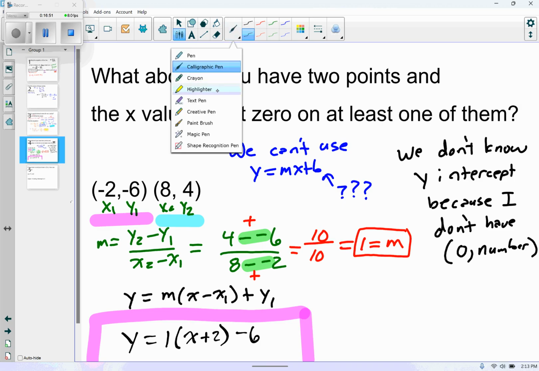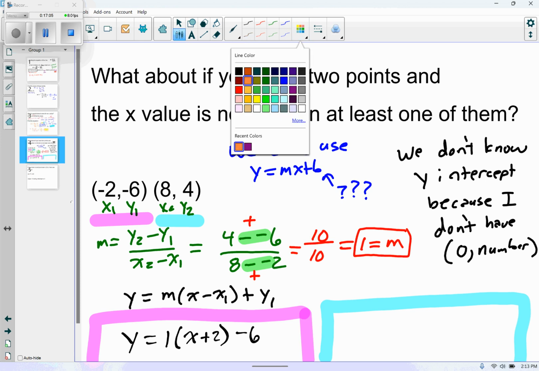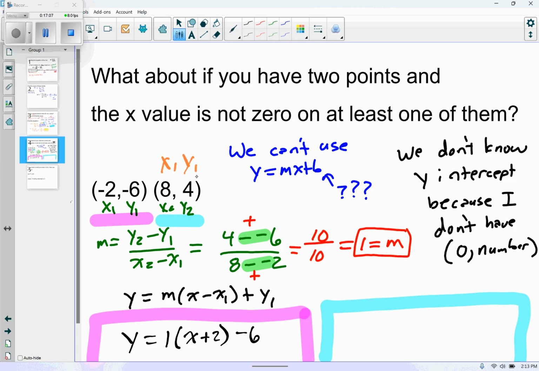Now, the person sitting next to you labeled backwards. So I'll do it over here. Okay? So let's pretend that someone labeled this x1, y1 over here.